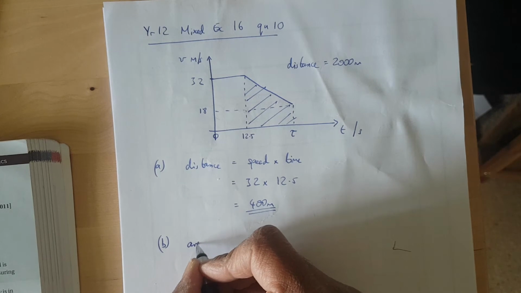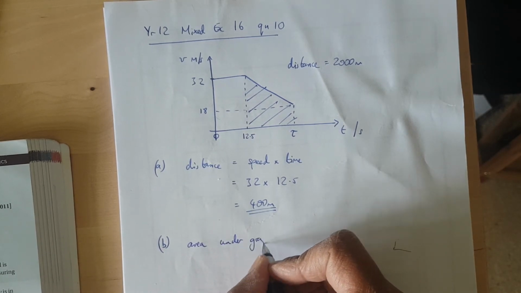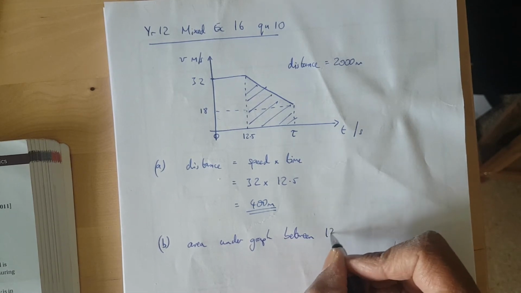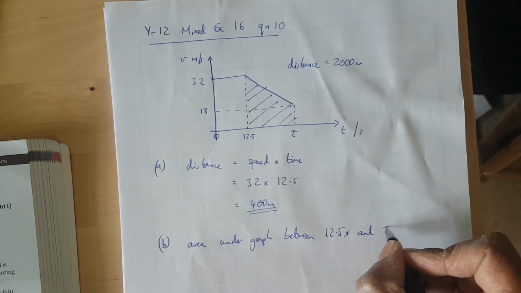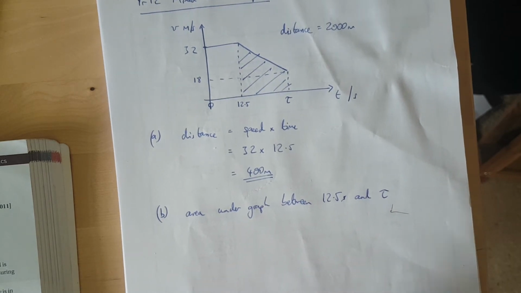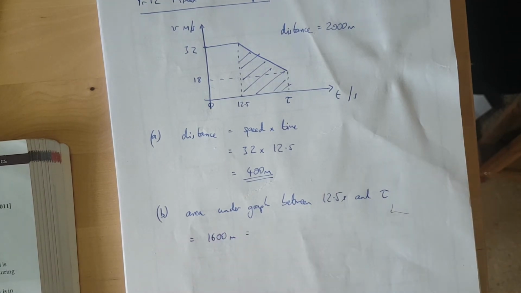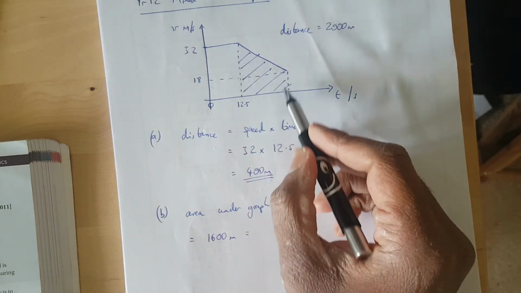So the area under the graph between 12.5 seconds and tau is equal to 1,600 meters.